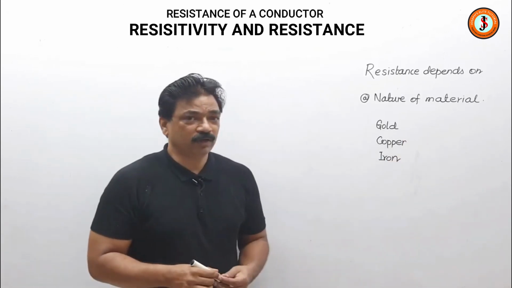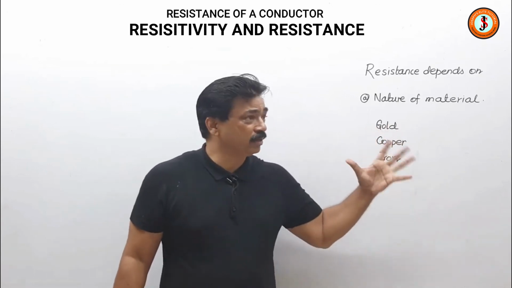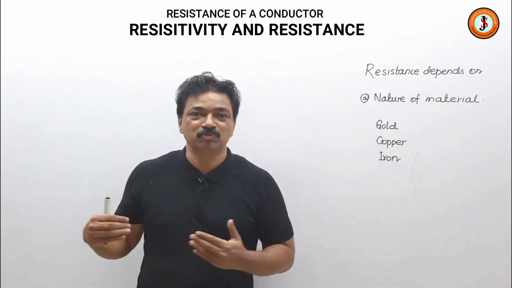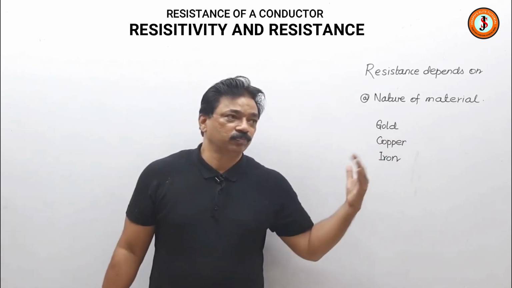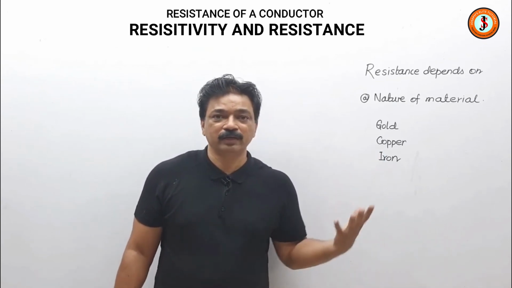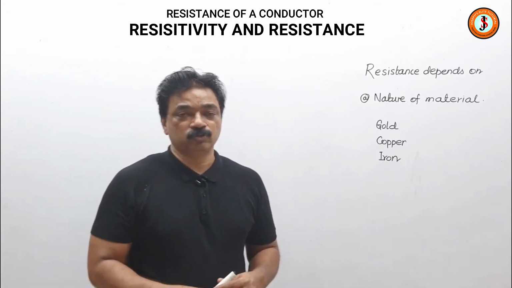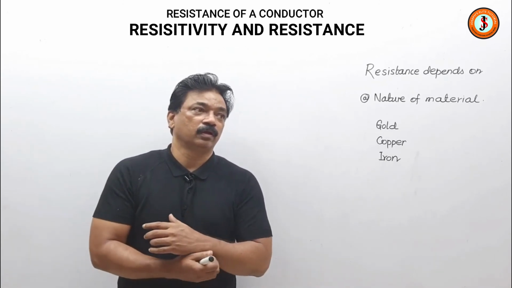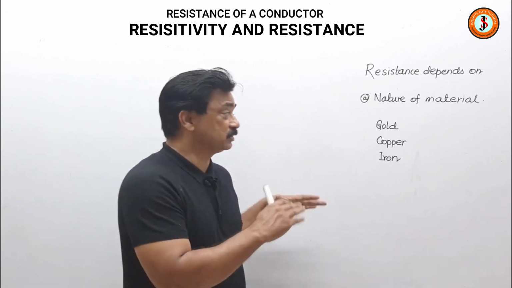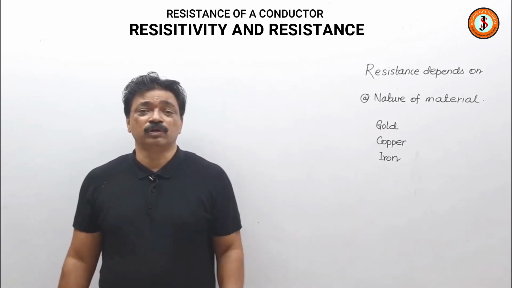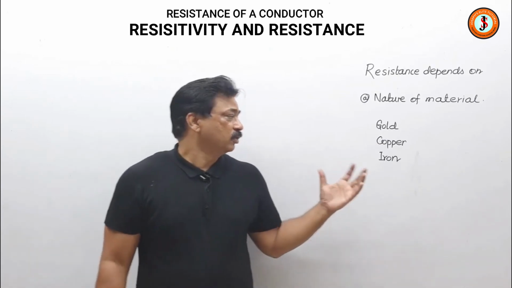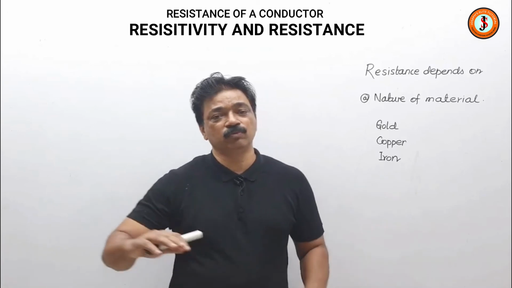So why is this difference there? Because of the make of this wire, their atoms and molecules, and the way electrons are moving through. It depends on how gold is made, how copper is made and how iron is made up: how its atoms and molecules are spaced and through which electrons have to move, and also how loosely the electrons of gold or copper or iron are able to move.